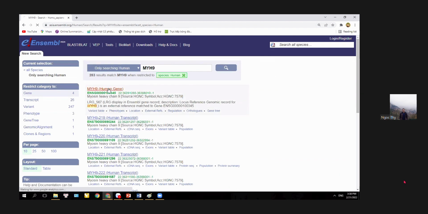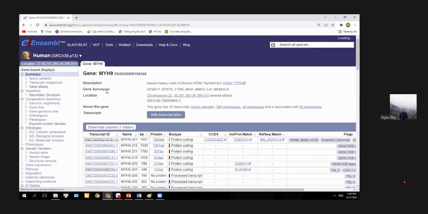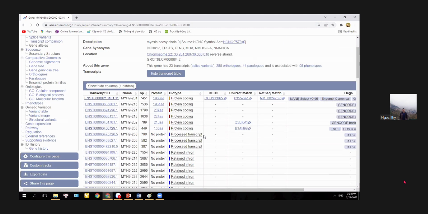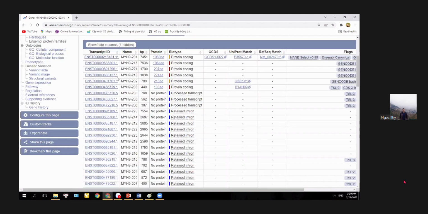You click on the human genes, and here we can observe different transcript variants of MYH9. What is a transcript variant? We will discuss that in a few minutes. But for the moment, just focus on the transcript MYH9 201. Okay, you can click in here.